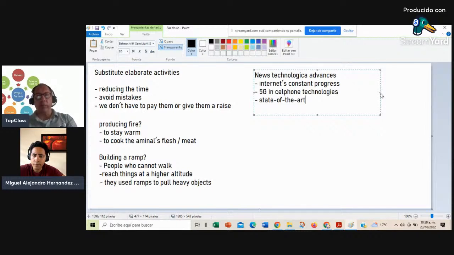A few weeks ago, I saw a new product from Xiaomi. Xiaomi is a brand from China, and they create something like your cell phone, but in sunglasses.